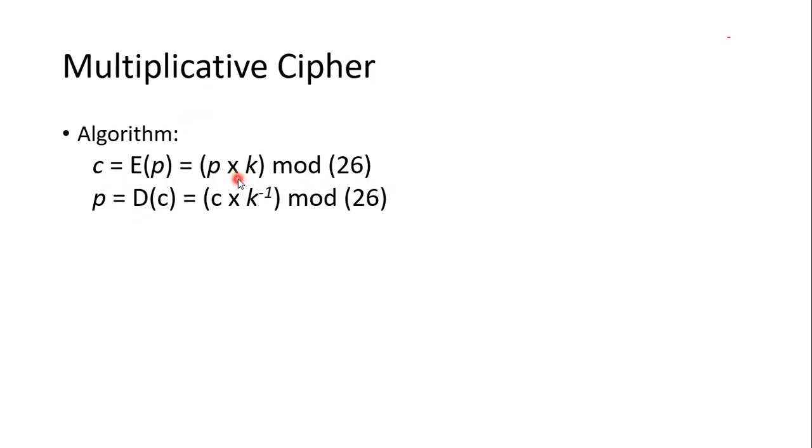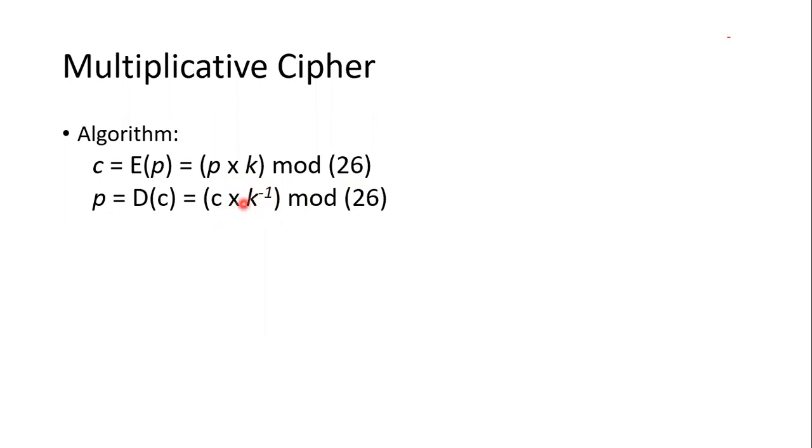In the additive cipher or Caesar cipher, we use addition instead of multiplication. Here, for encryption, we just need to multiply the plain text with k, and take the mod 26. But for the decryption, we have to multiply it again with k inverse.